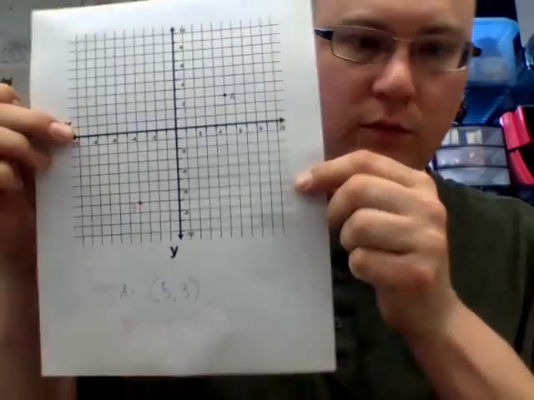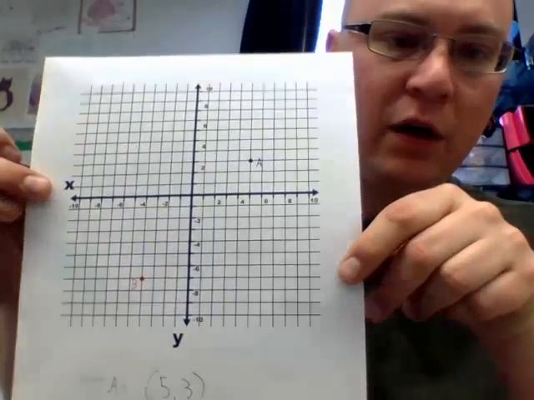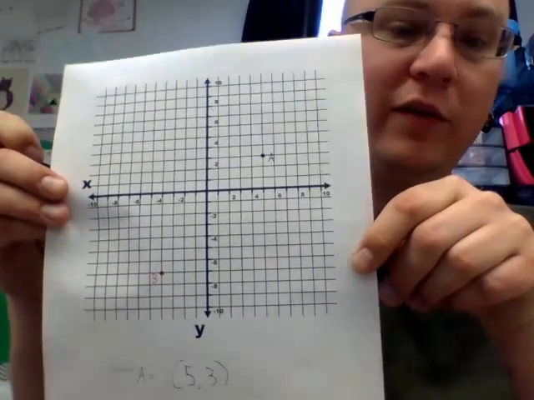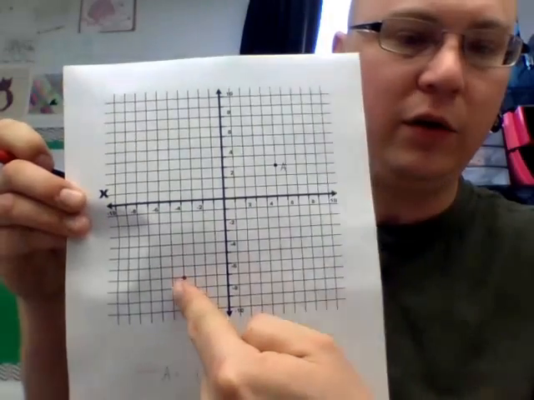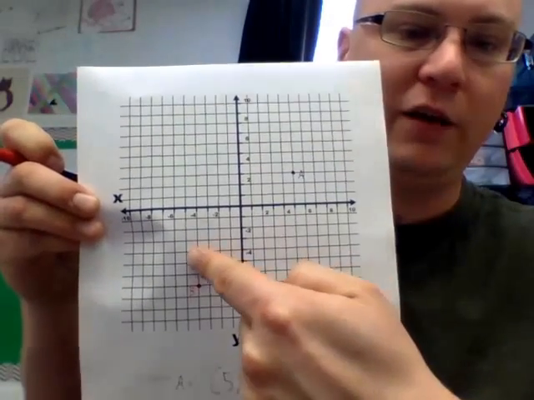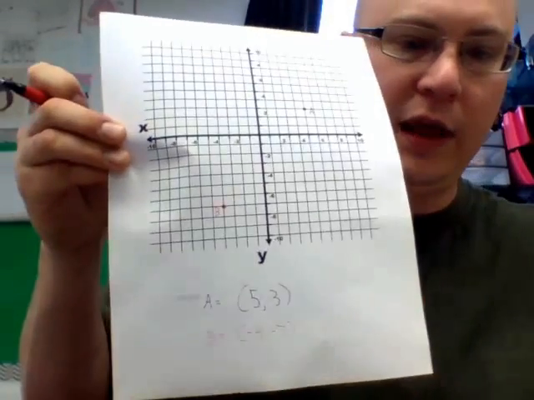So we're going to go over 4, 1, 2, 3, 4, to our negative 4, and down negative 7. 1, 2, 3, 4, 5, 6, 7. I'll draw in the point and then we'll show you. It is in the opposite quadrant. Instead of being plus plus, it is minus minus down here, where we go over negative 4 and down negative 7.